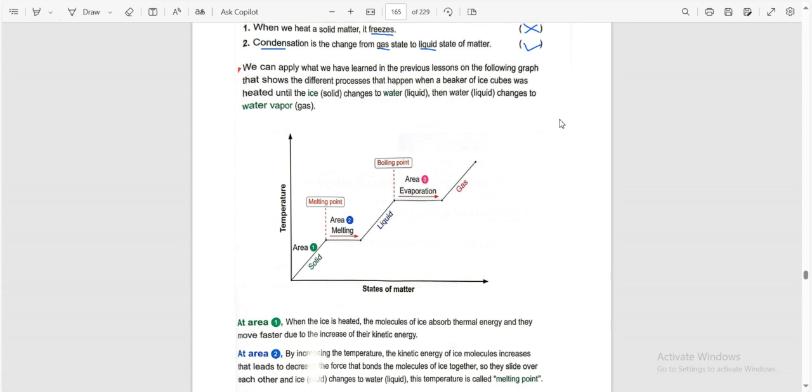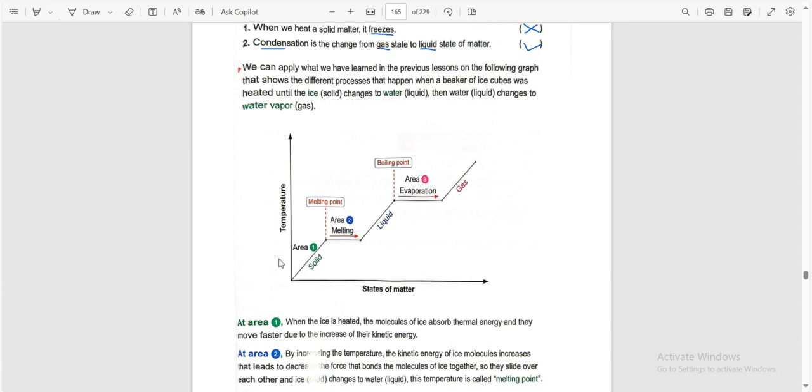Well, we remember that we have 3 states of matter, right? And the first one is solid, and the solid has what? Do you remember? It has the least amount of thermal energy.